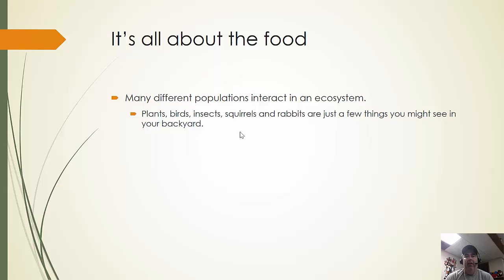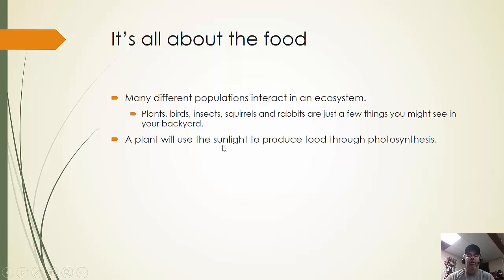Plants, birds, insects, squirrels, rabbits are just a few things you might see when you go around looking in your backyard. A plant is going to use that sunlight to produce its own food through that process of photosynthesis.